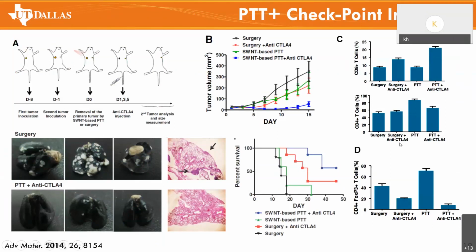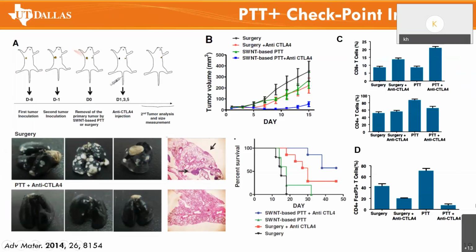Yeah, CD4 actually improved a lot, but you can see PTT here showing more signal. But the reason was that most of this CD4 was regulatory T cell. I wanted to explain here because they were showing that PTT is increasing the amount of CD4, but most of those helper T cells were regulatory T cells, so it wasn't effective.